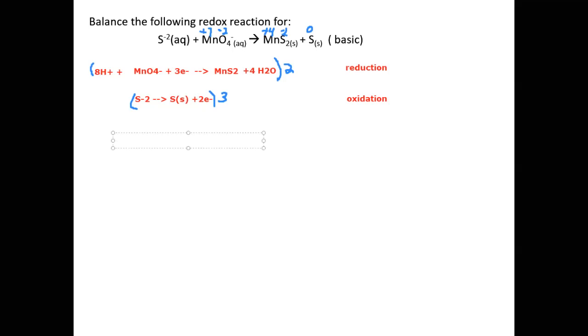We get 16 H plus, 2 MnO4 minus plus 6 electrons, 2 MnS2 plus 8 H2O.